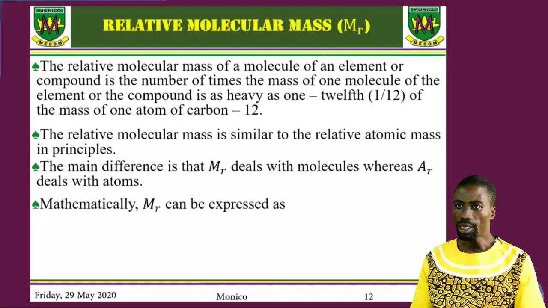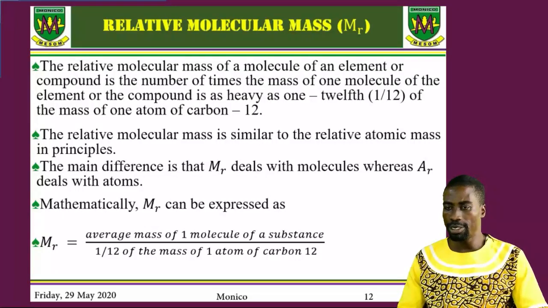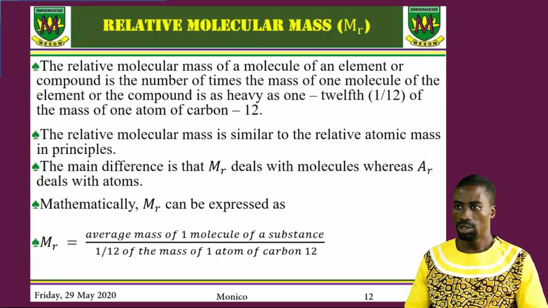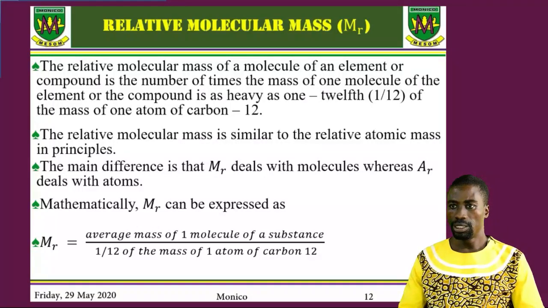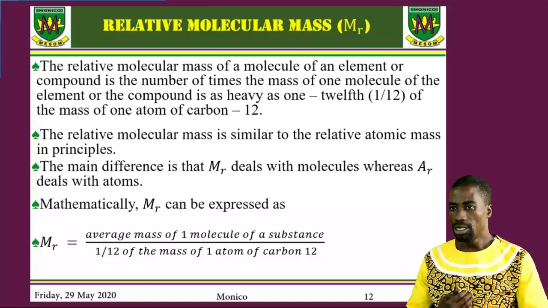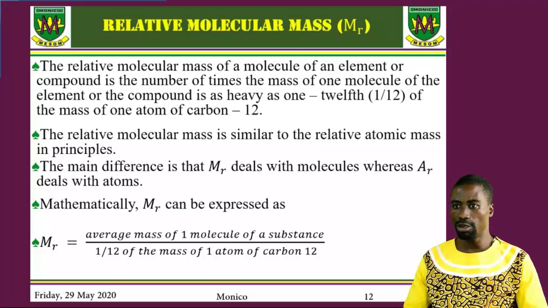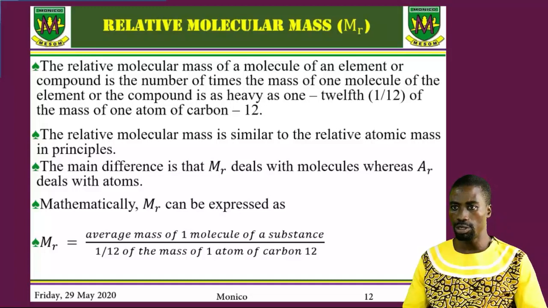Right. So it is similar to relative atomic mass in principle, but they are not the same. The main difference is that relative molecular mass deals with molecules, but relative atomic mass deals with atoms. That is the difference between them.